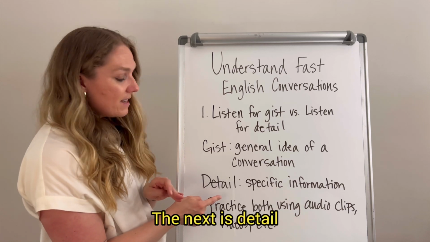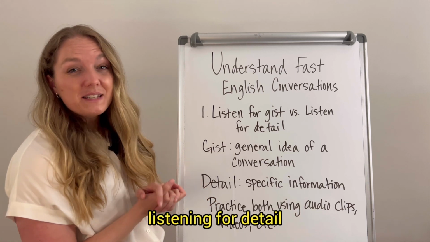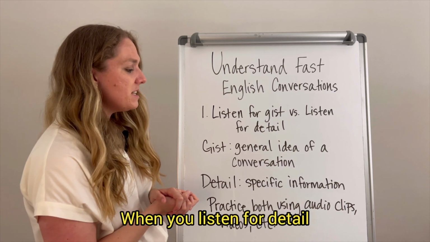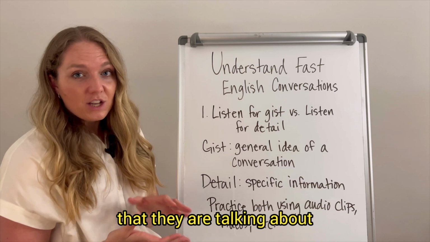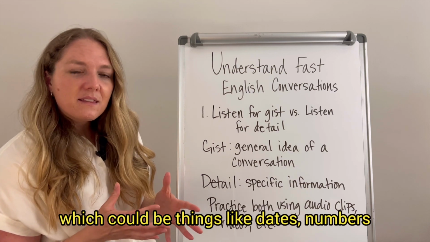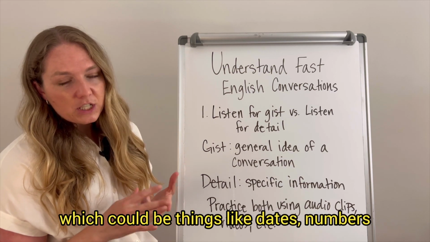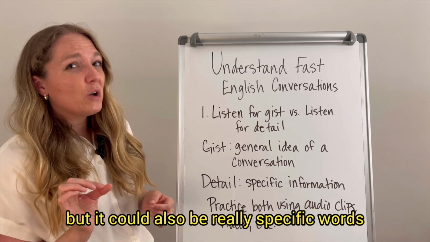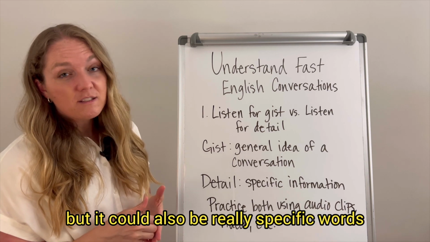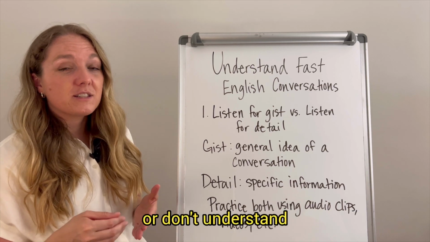The next is detail, listening for detail. When you listen for detail, you listen for specific information that they are talking about, which could be things like dates, numbers, those important pieces of information. But it could also be really specific words that you don't know or don't understand.